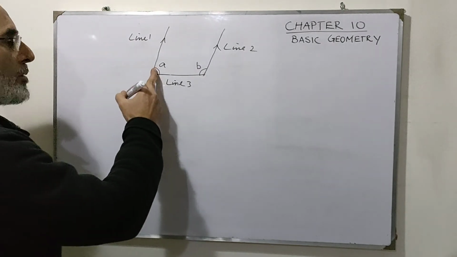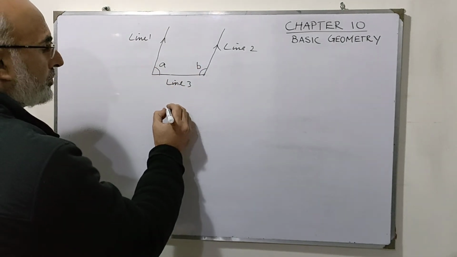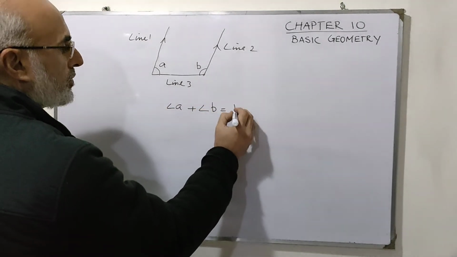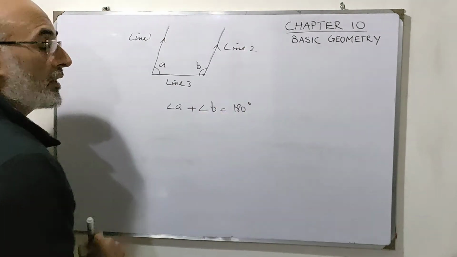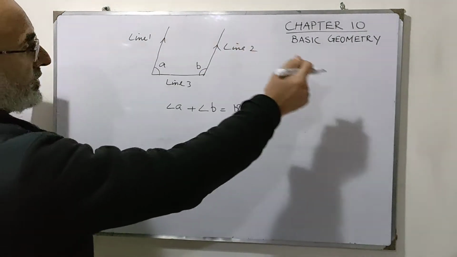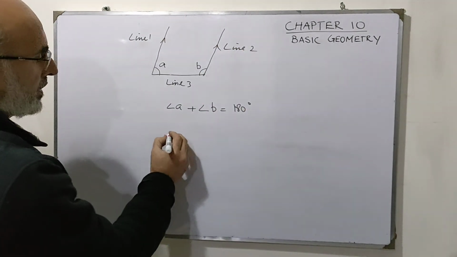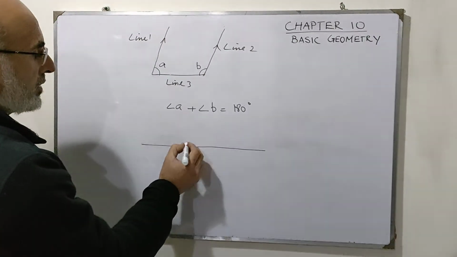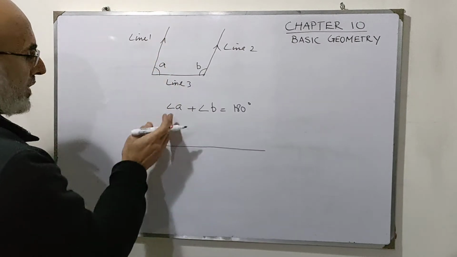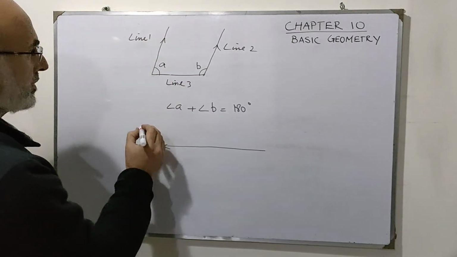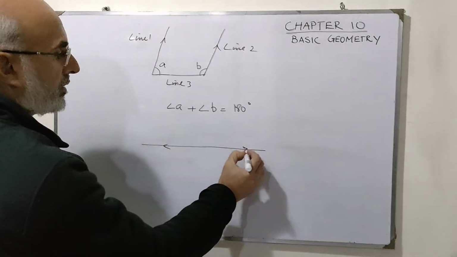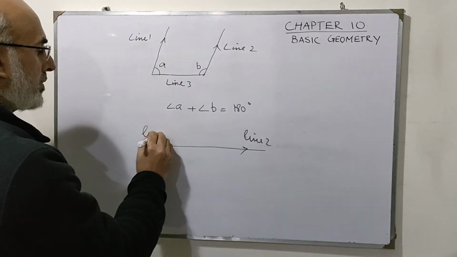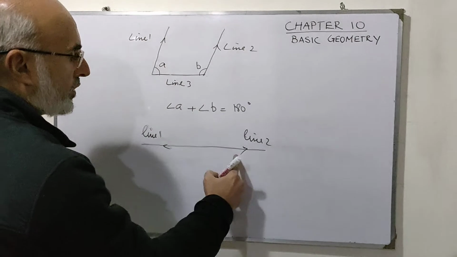Okay, so the sum of angle A plus angle B is going to be 180 degrees. Why 180 degrees? If I straighten up this thing, it's going to be like this. This was line 2, line 1, and this was line 3.